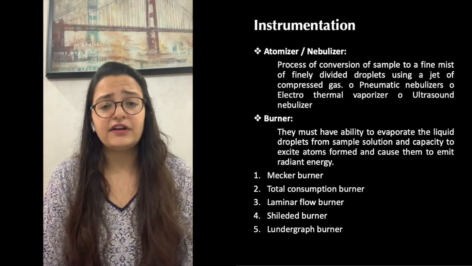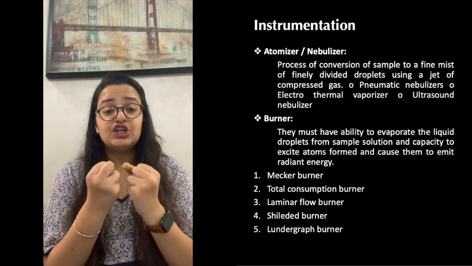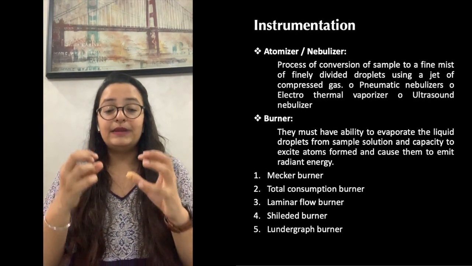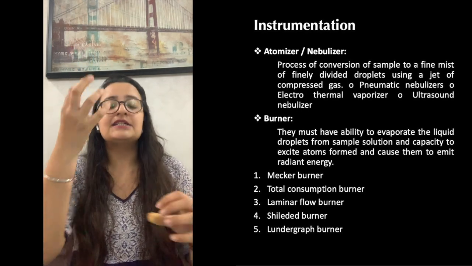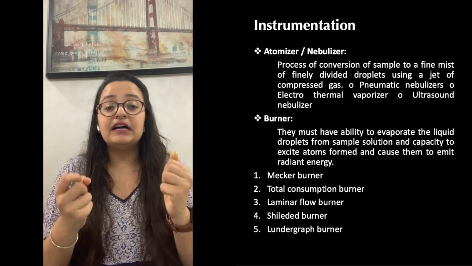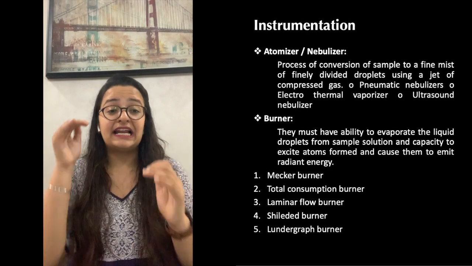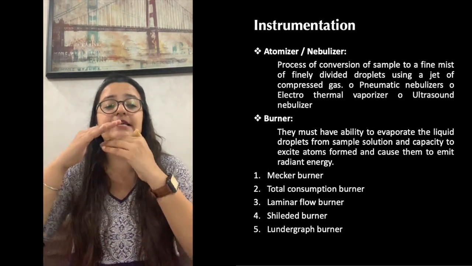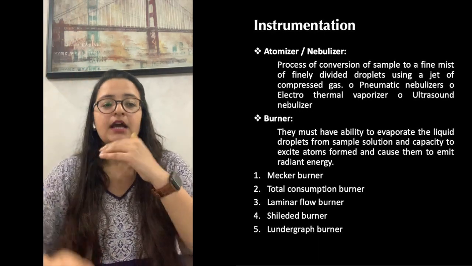Second most important part is the burner. It must have the ability to evaporate the liquid when we mix the sample, so that the smaller droplets are evaporated in the flame of the burner. It must have the capacity to excite atoms and cause them to emit radiant energy.